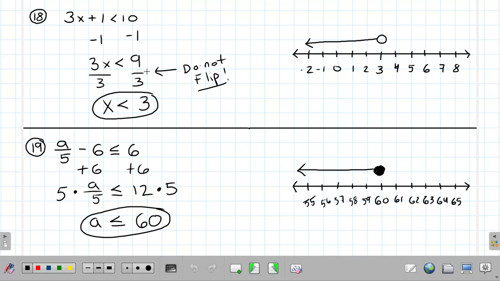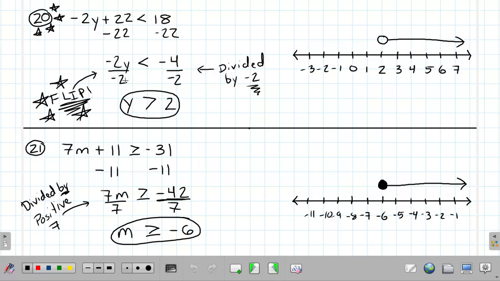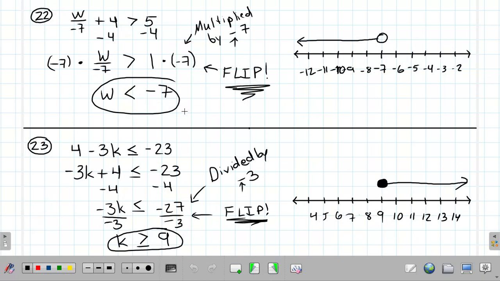So here we don't flip. Here we don't flip. Here we do flip because we divided by -2. Here we don't flip. We divided by 7. Okay? And this is, once again, why it's so important to write down your steps, so that way you know what steps you actually did. How did I get from here to here? Well, I subtracted 4.